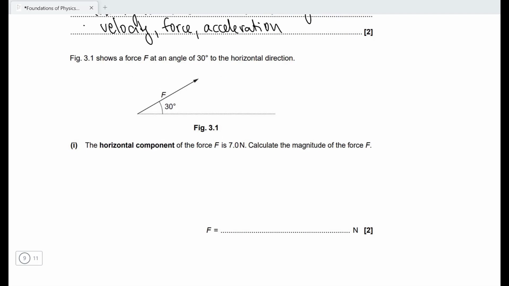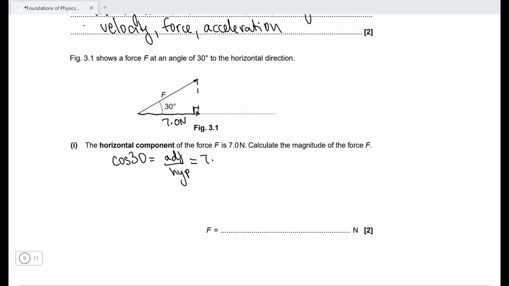Okay, next one, figure 3.1 shows a force at an angle of 30 degrees to the horizontal. We're given the horizontal component is 7, so let's just draw that. So this here will be 7.0 newtons. Calculate the magnitude of the force F. Okay, well, if the horizontal component is 7 newtons, we can just use some simple trigonometry, and use the fact that the cosine of 30 is equal to our adjacent divided by our hypotenuse.